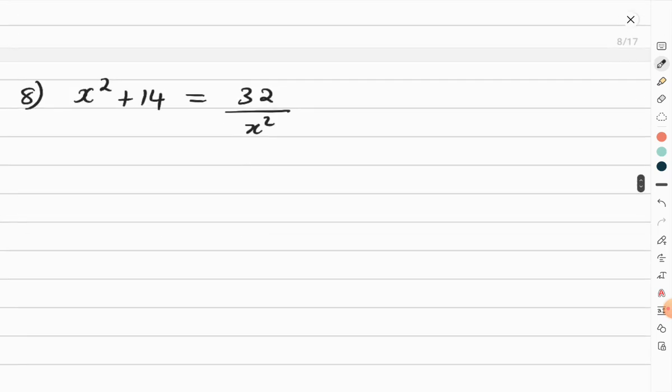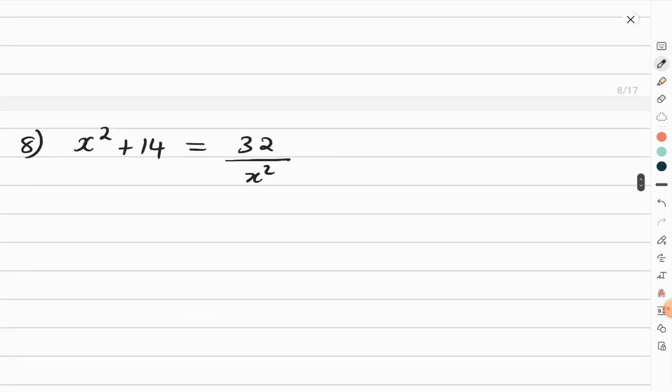Then let's check number 8. For number 8, we know that we are going to multiply each and every term by x squared, so that we end up having x to the 4th plus 14 equal to 14x squared, which is equal to 32.